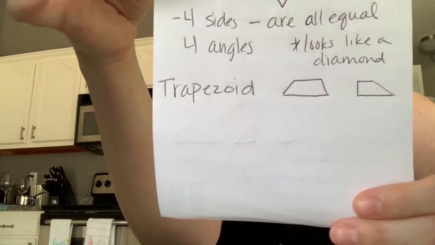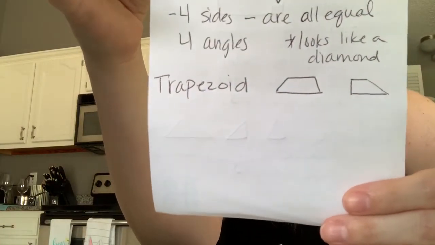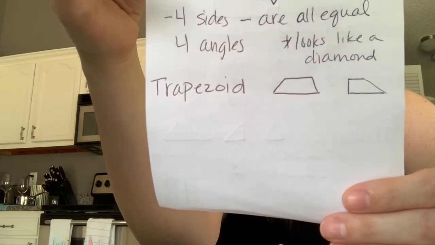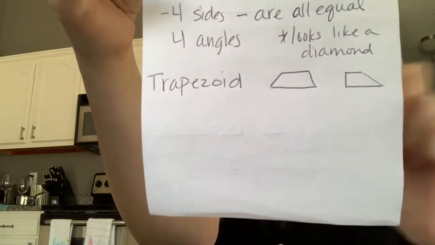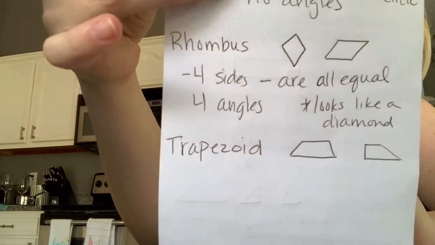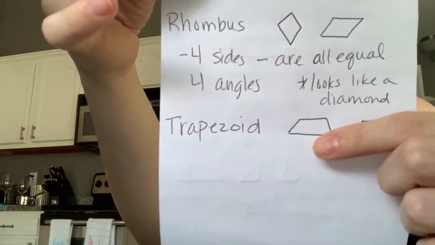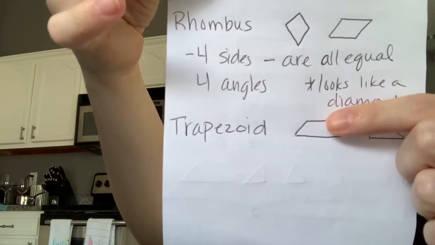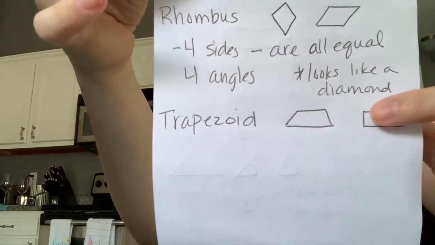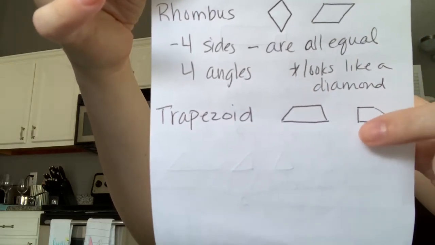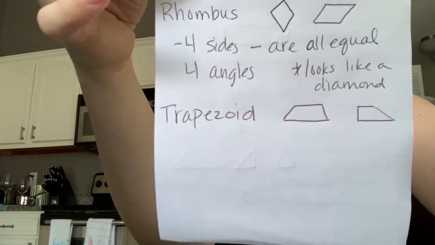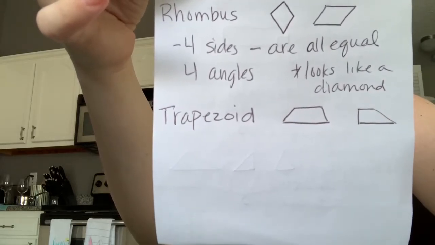Let's all say that, trapezoid. A trapezoid's got 4 sides and 4 angles. But the way you can tell a trapezoid different from a rhombus is because a trapezoid has got 1 small line on top and 1 large line on the bottom, or it can be on the side.